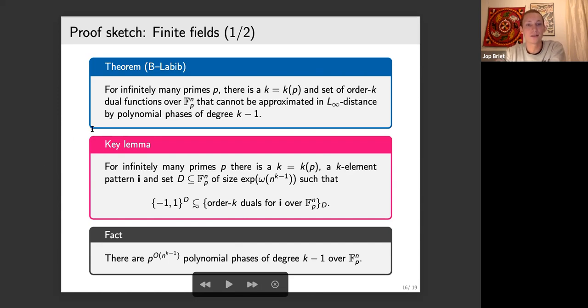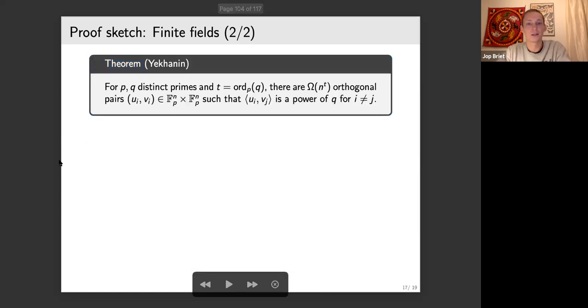I would like to say a little bit about what goes into the key lemma here, and that relies on a pretty surprising result of Viola that says the following. P and Q are distinct primes, and T is the multiplicative order of Q mod P. Then there are omega of T orthogonal pairs, which are sometimes also referred to as matching vectors, u_i, v_i.